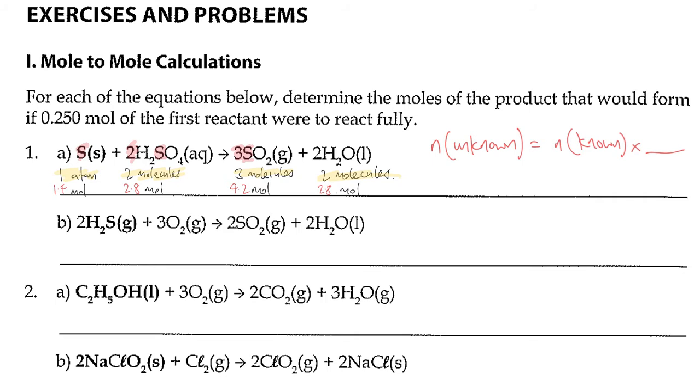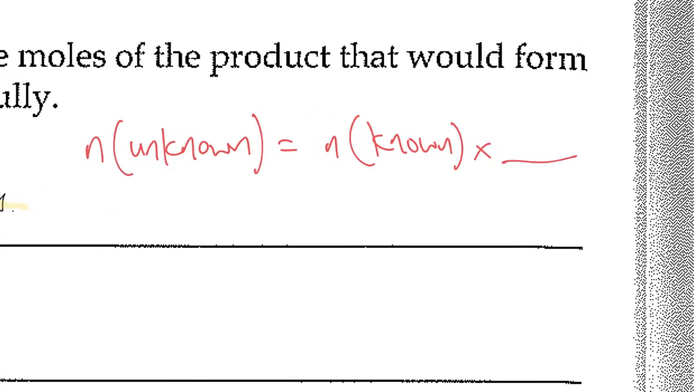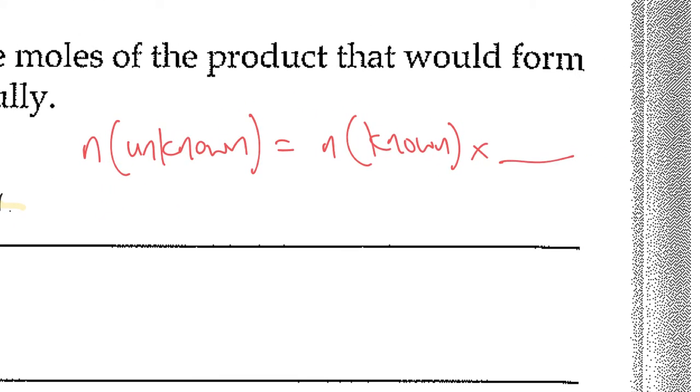And that ratio is the coefficient of your unknown over the coefficient of your known. That's the ratio that you just applied in your head in that case, right?